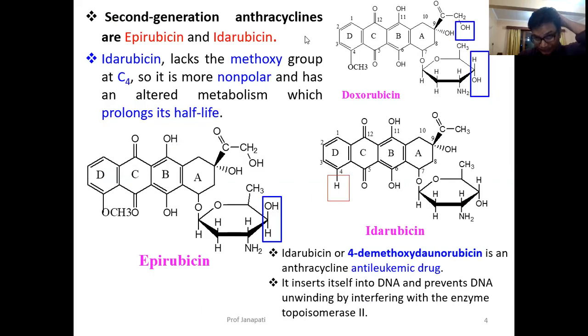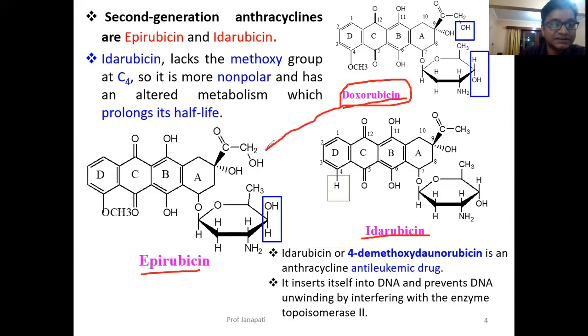Here, for our convenience, I placed doxorubicin again, the same structure. Now we are going to learn about epirubicin and idarubicin. These two are second generation anthracycline derivatives. What is the difference here? Epirubicin is similar to doxorubicin.